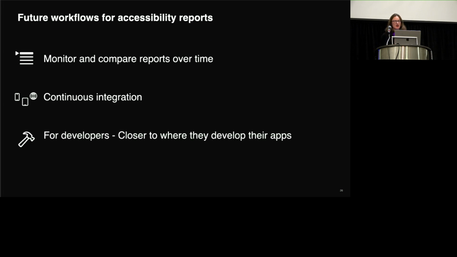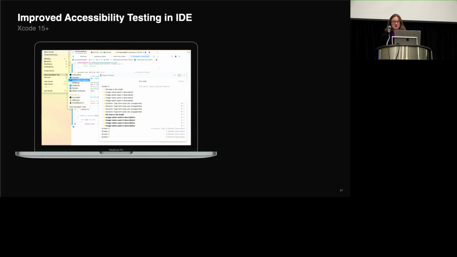And for developers, one of the things they noted is that the report still was too much friction for them in being separated from their IDE, which was a benefit for the QA testers. So they would like this sort of functionality to be closer to the IDE where they develop their apps. So lots of future areas of improvement.